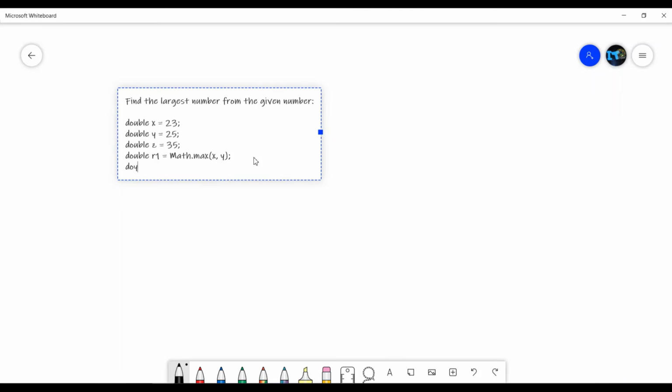Then take another variable, double r2 equals Math.max(r1, z). Between r1 and z you will get the larger one. Similarly, the result r2 is the maximum among the three numbers, that is 35. At the last, the r2 value is 35. What is the alternative to this?